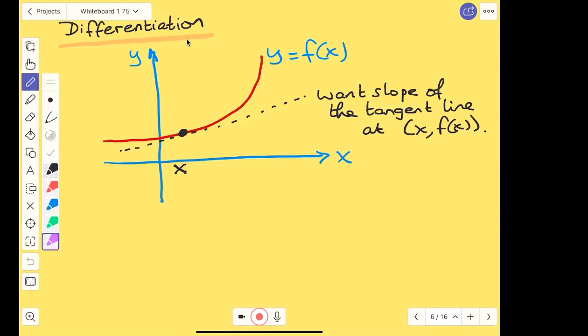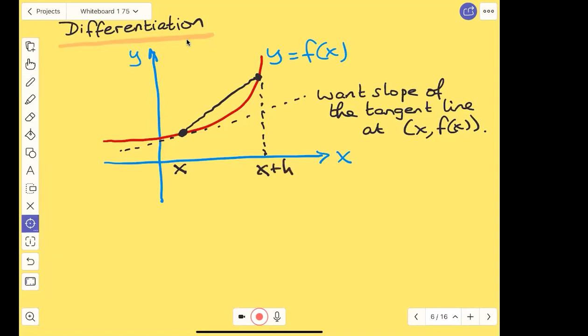So what we do is we say, well, supposing I had a different point here, and I could draw a chord connecting those two points. And here, let's say it's x plus h. I could also have h being negative, and I could be having a point down here, but let's not worry about that for the moment. It doesn't make things harder.